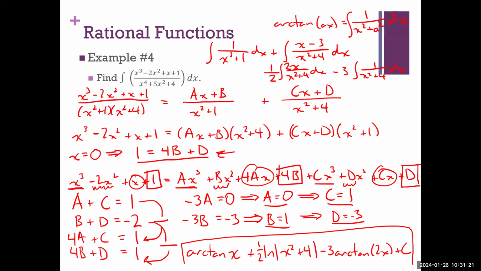Yeah, we went the wrong way. So basically it's going to be 1/2 of arctangent of x over 2. Let me replace this with the truth. In general, we have the integral of 1 over u squared plus 1 du equals arctangent of u plus c.